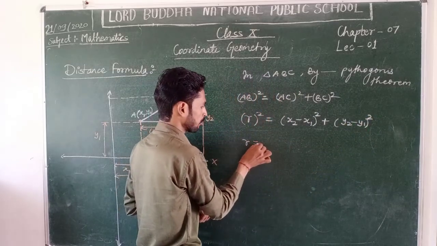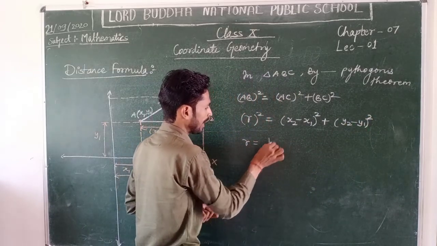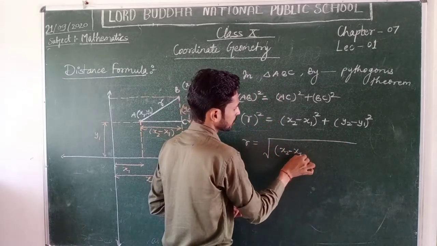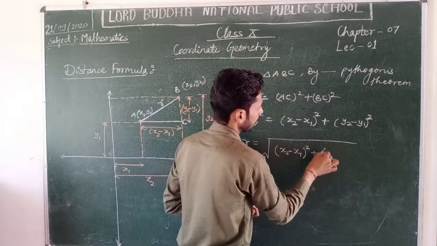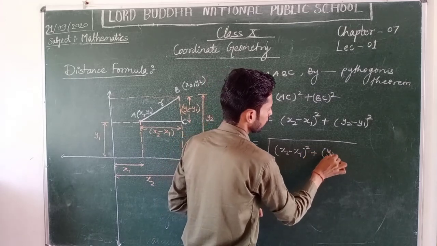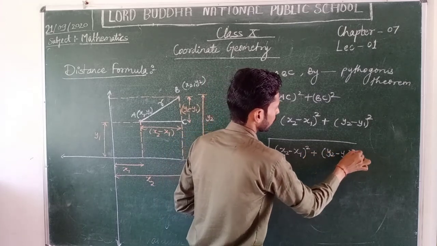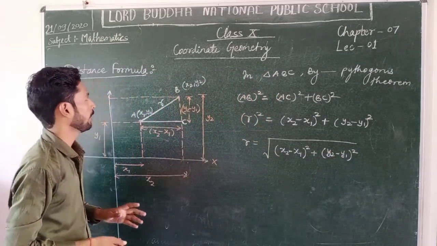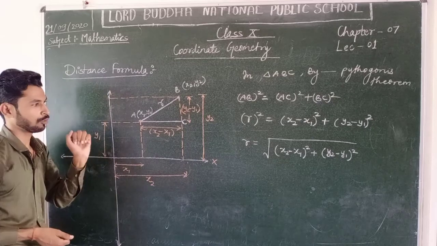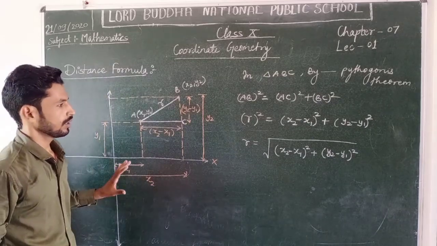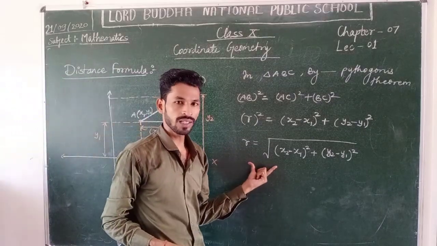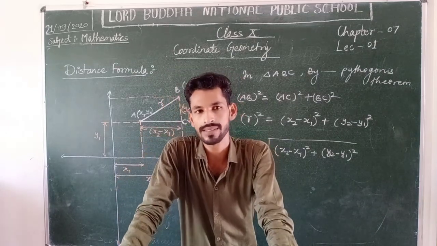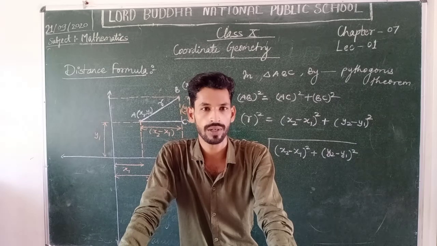So the distance formula is R equals the square root of (x2 minus x1) whole square plus (y2 minus y1) whole square. That is the formula which is known as the distance formula. So we have to remember it, and then we will go on to solve exercise 7.1.